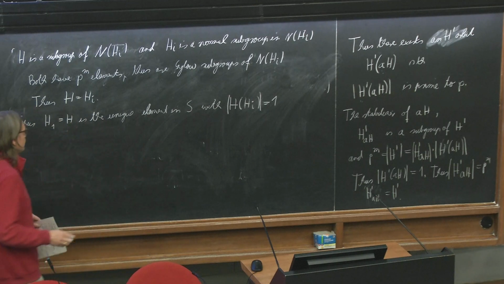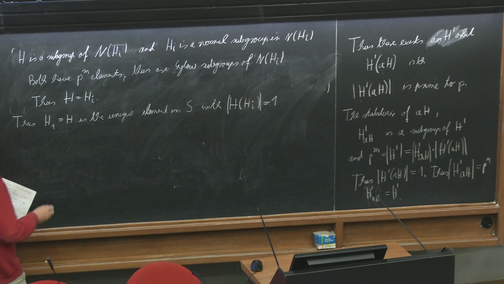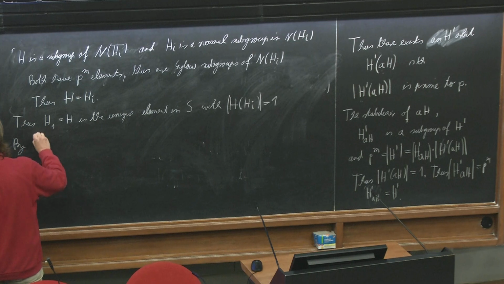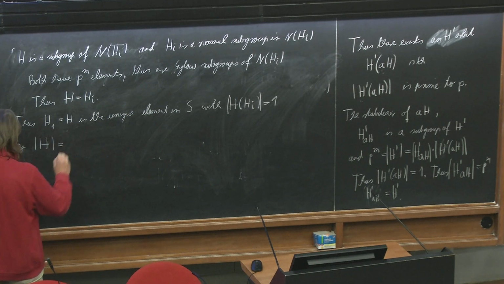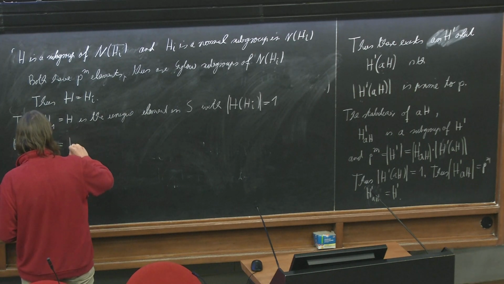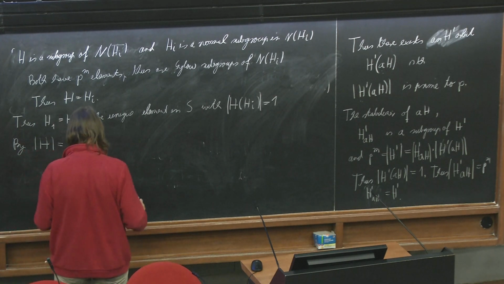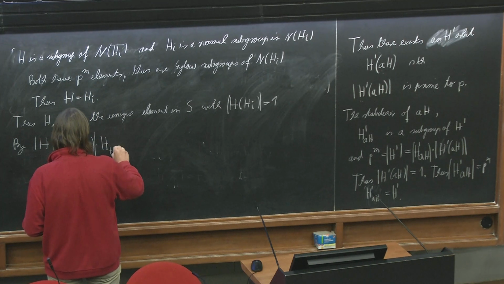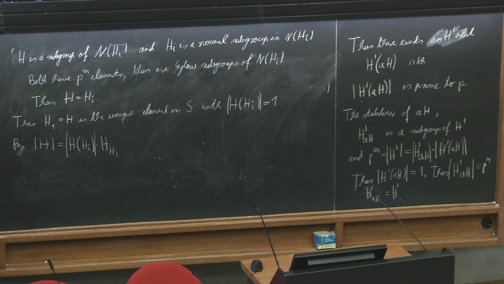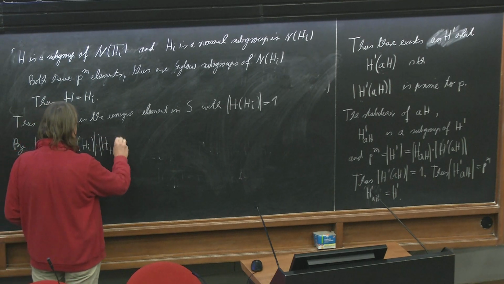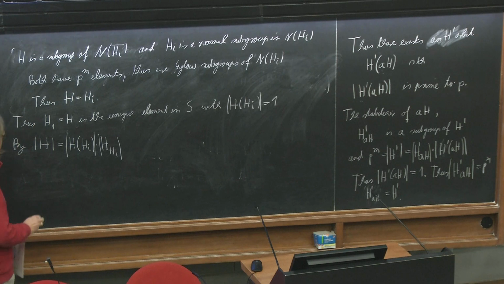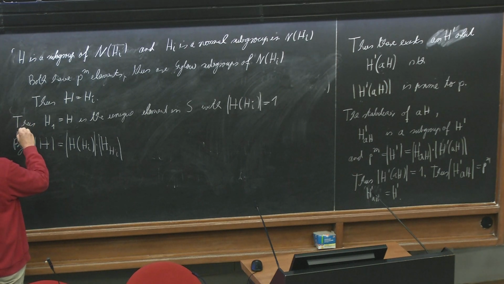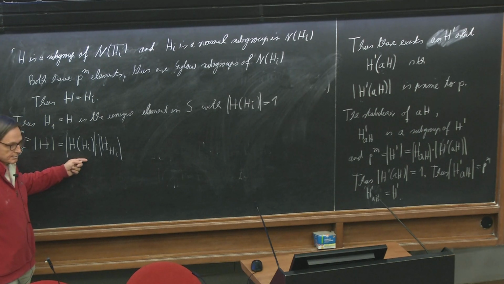But now we can again use the orbit stabilizer theorem. So the number of elements in H is equal to the number of elements in the orbit times the number of elements in the stabilizer, and so this number is p to the m, we see that the number of elements in the orbit must always be a power of p.